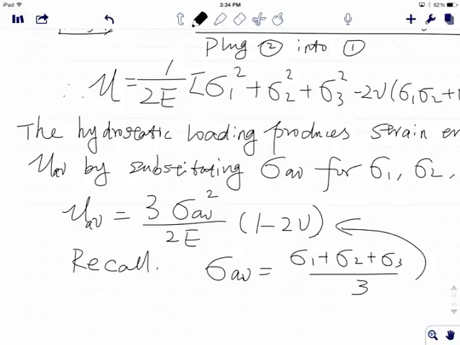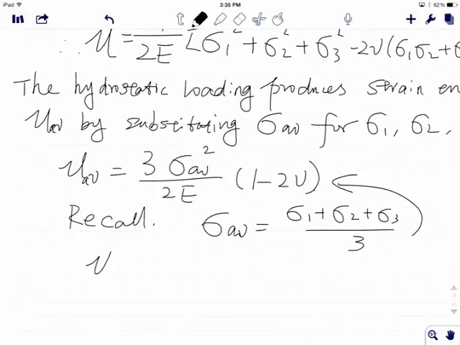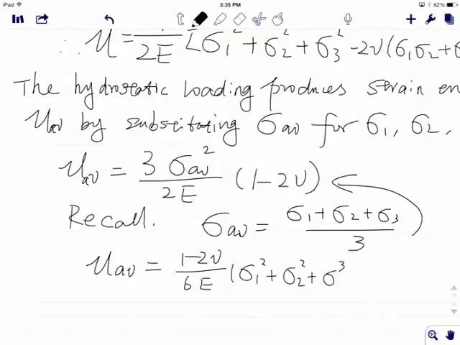So you can plug this into here, and you get your average stress caused strain energy equals (1 - 2V) divided by 6E, times (sigma 1 squared + sigma 2 squared + sigma 3 squared + 2 sigma 1 sigma 2 + 2 sigma 2 sigma 3 + 2 sigma 3 sigma 1).